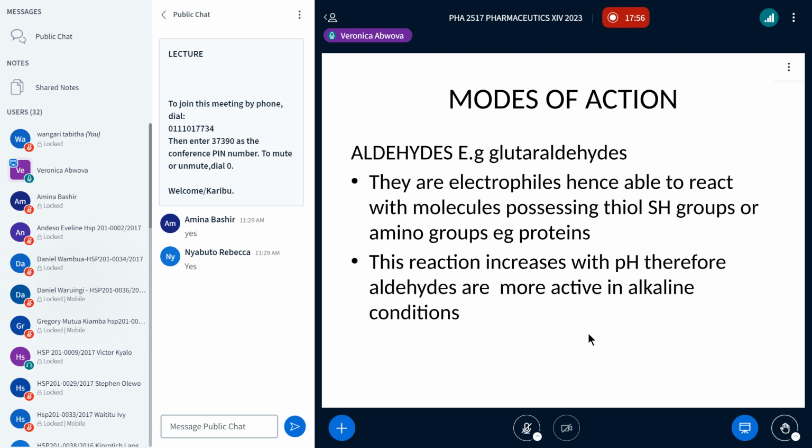Next, we have the aldehydes. Okay, for example, glutaraldehyde, they are electrophiles, hence are able to react with molecules possessing thiol or hydroxyl groups or amino groups such as proteins. This reaction increases with pH, therefore aldehydes are more active in alkaline conditions.